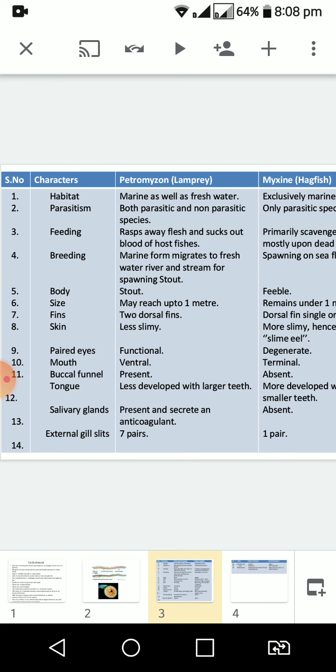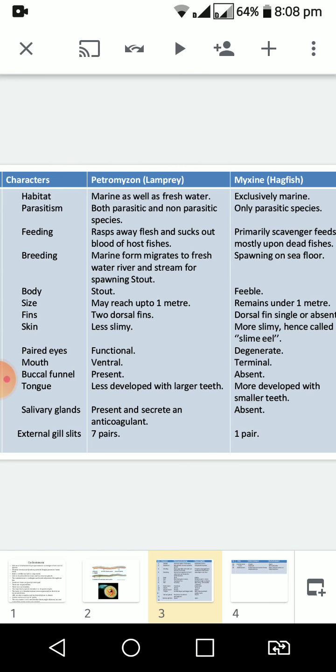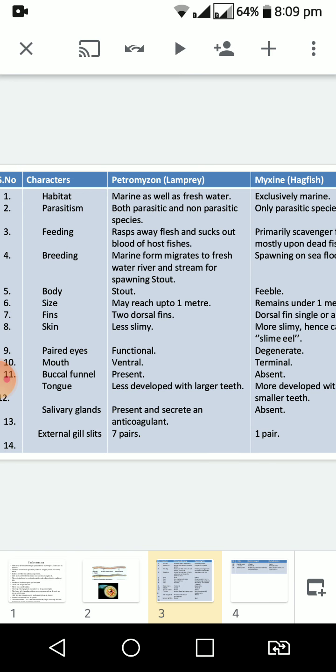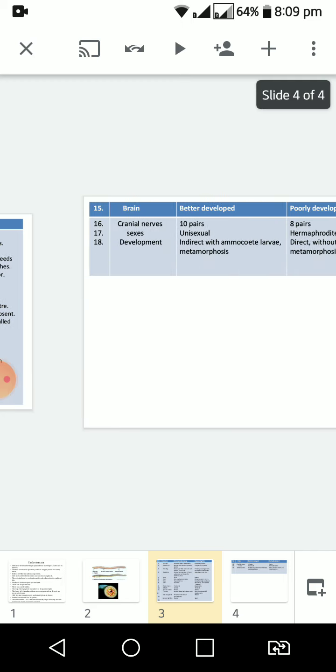Now coming to the salivary glands, they are present in the petromyzon and secrete anticoagulant, but salivary glands are absent in the myxin. So that is the important thing. Now from the external gills point of view, in the petromyzon 7 pairs of gills are there. Now in the myxin only one pair of external gills. So that is the important thing.